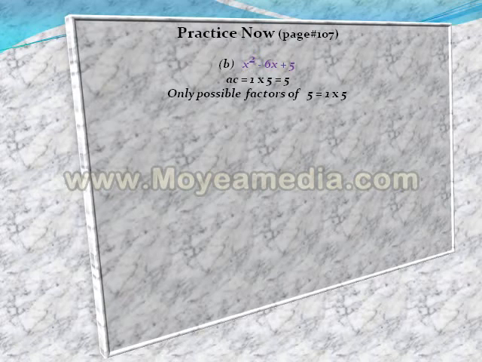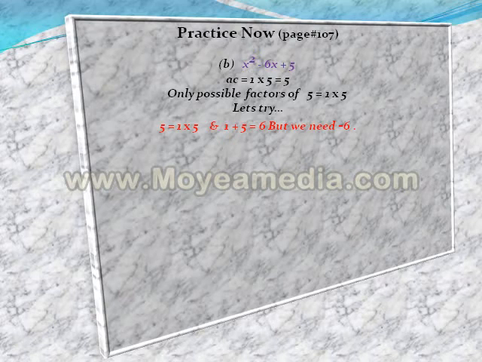And luckily 5 only has one pair of factors, 1 and 5. Let's see if this pair is going to work for us or not. So 5 is equal to 1 into 5. That's the first condition, so we are getting 5.